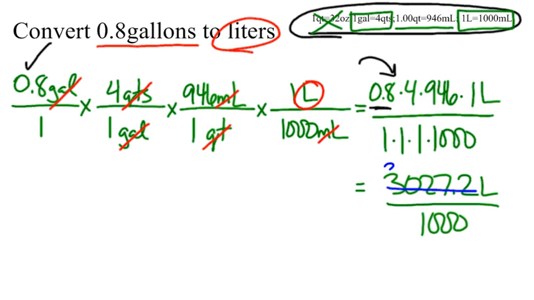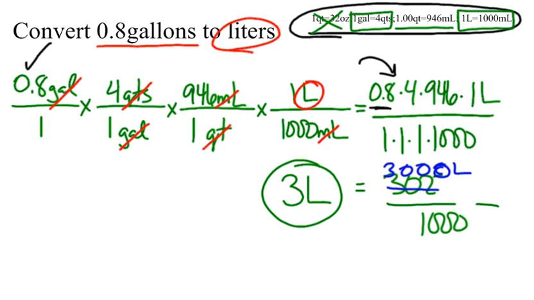So it's going to be 3,000 liters. Oops, check that. You need to get rid of that 0 right there. So let's rewrite that. It would just be 3,000 liters. So I have 3,000 liters over 1,000, which obviously is going to be 3 liters. There's my final answer.